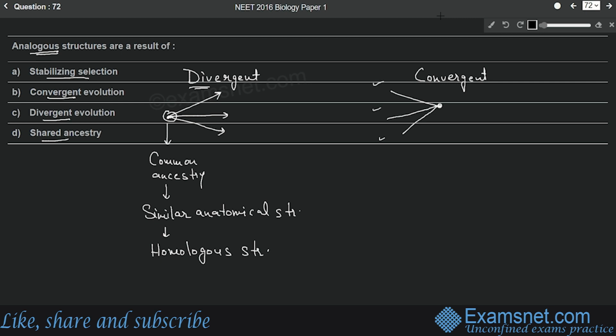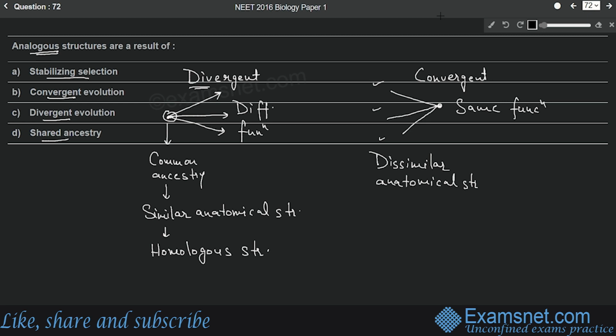That means the ancestry is not common, right? They have different ancestry, so they will have dissimilar anatomical structure. Okay, so their anatomical structures are not the same, but ultimately they will perform the same function. And in case of divergent, the functions will be different despite having a common ancestry or similar anatomical structure.